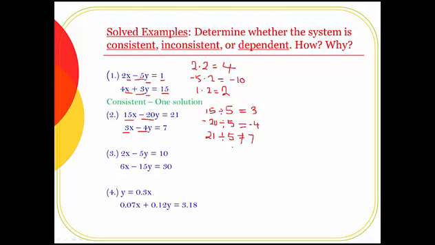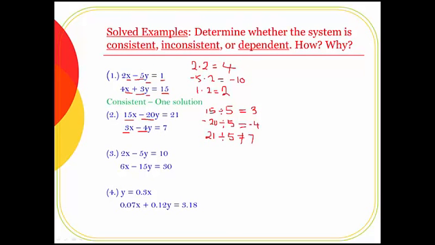Because if you divided the left-hand side of equation 1 by 5 to get the left-hand side of equation 2, then if you're consistent, you should have also divided the right-hand side by 5 so that you can get the right-hand side of equation 2. But because you got a different thing, that means you're inconsistent.